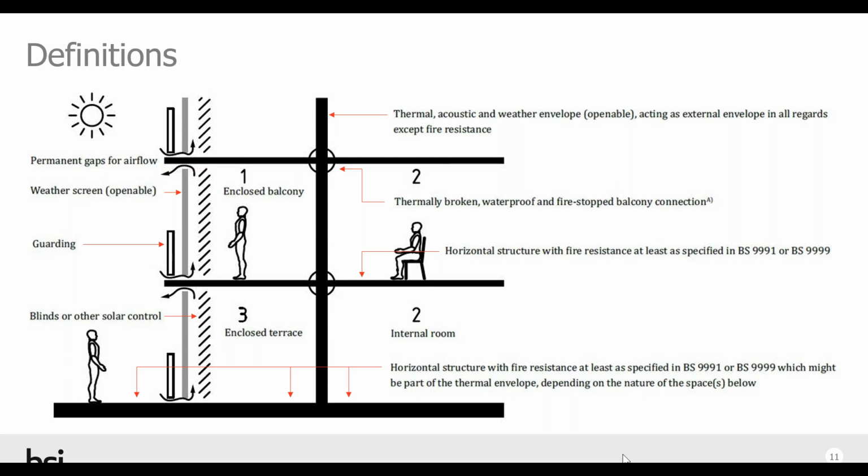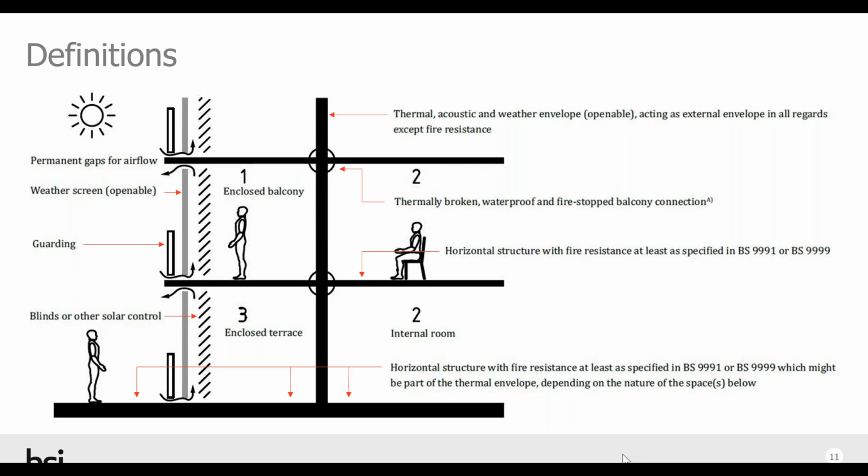So the standard is quite clear about what is exterior space and what is interior space in terms of the thermal envelope. Note that in terms of fire, that's a different thing, because the enclosed balcony or the enclosed terrace would be an interior space, a room within a room, and therefore, because you're escaping inwards across the flat, it's not classified as external space, it's more classified as internal space. So that's the definitions for enclosed balconies.